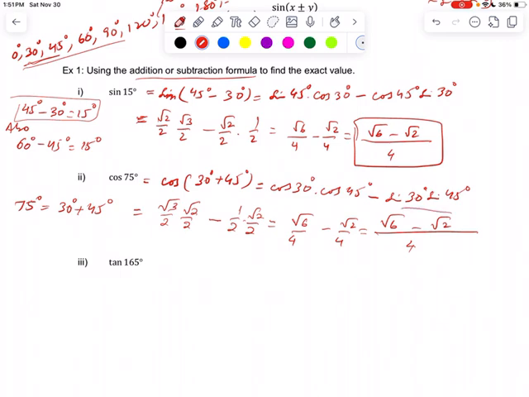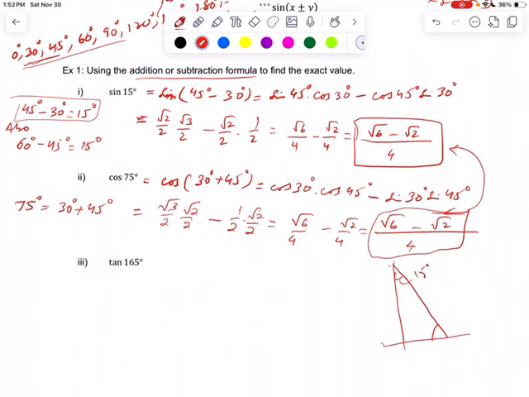Okay, note that this value is exactly the same as the value that we found here. Why is that so? The reason is because if you draw a right triangle where one of the angles is 15 degrees, then how much is the other one?